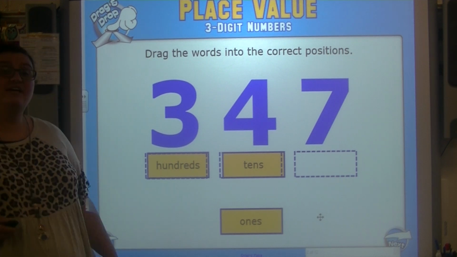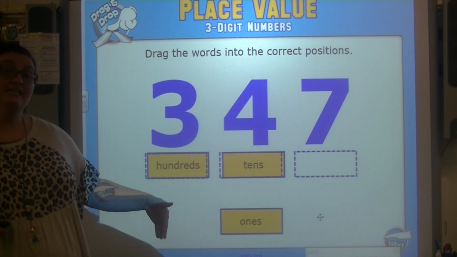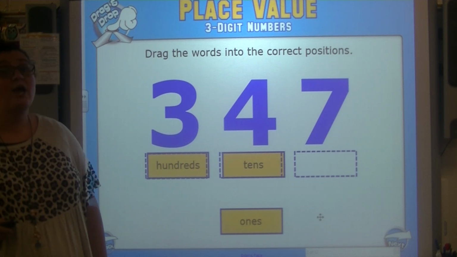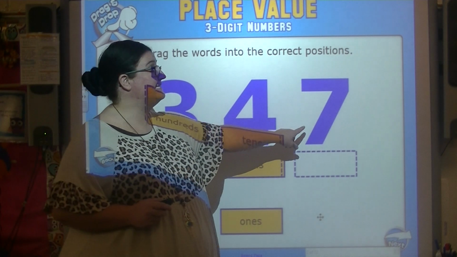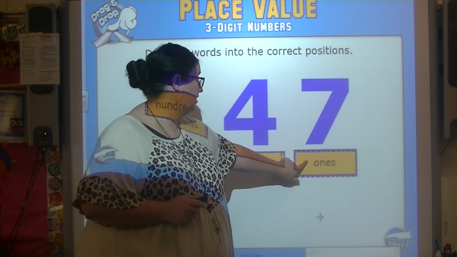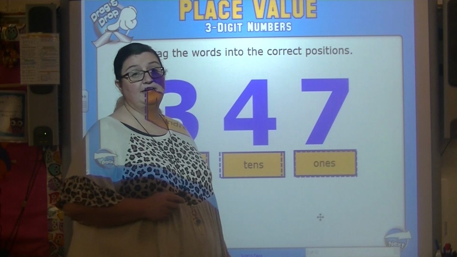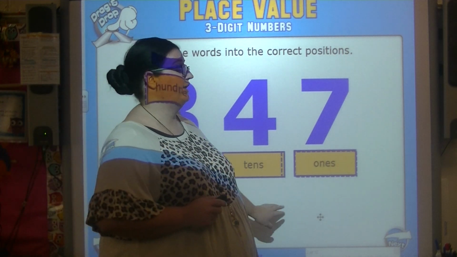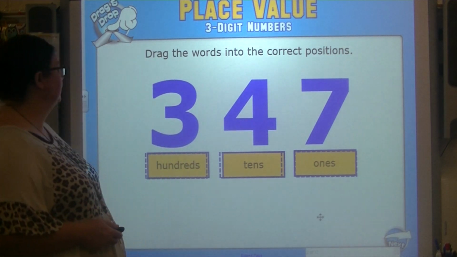And this 7, is it a hundreds, a tens, or a ones place? All right, it is a ones place. That means you would use 7 ones cubes for the number 7. 347.